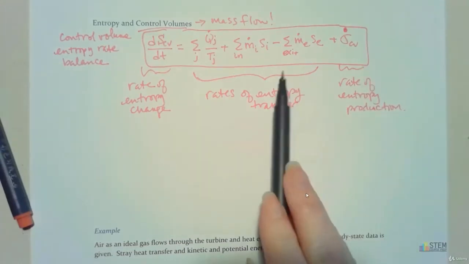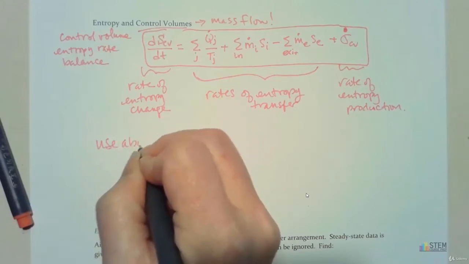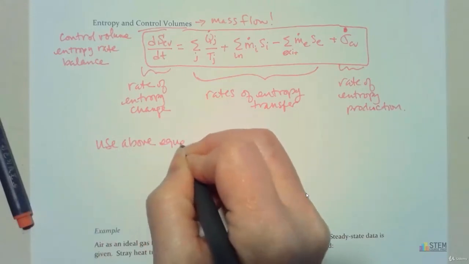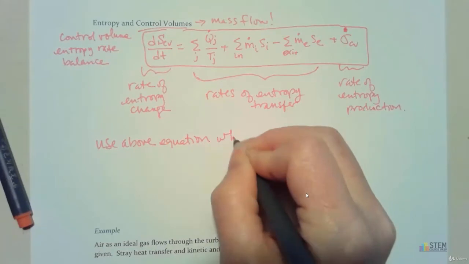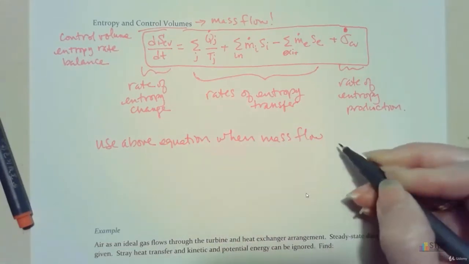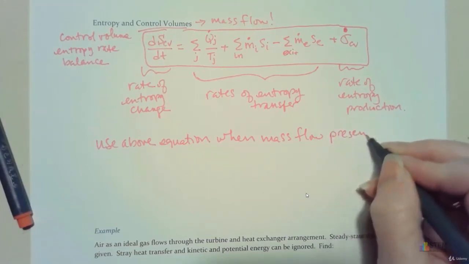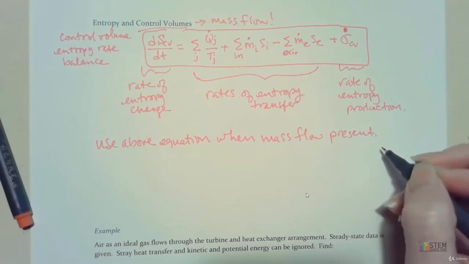All right, so this is going to be the equation we use when we have mass flow. So make sure if you have a closed system, you don't want to use this one. You would use the other one that we used previously.